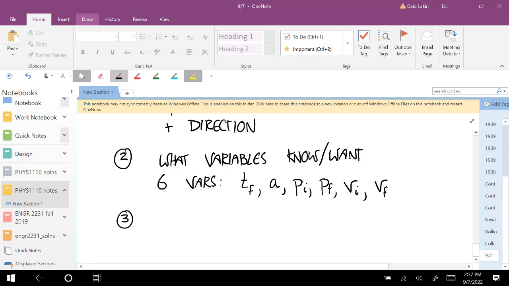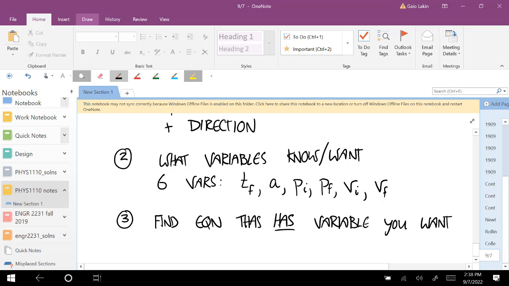Third, you have to try to find one of those constant acceleration equations. It has to have the variable you're looking for, the variable you want, and every other variable in the equation is known.